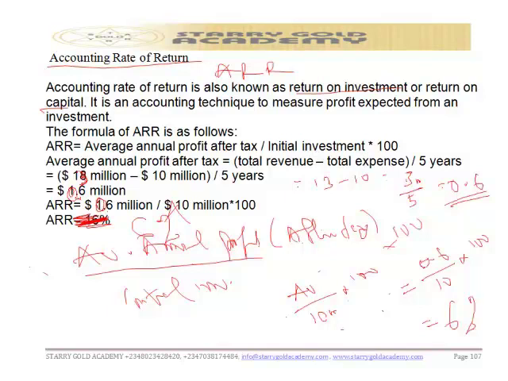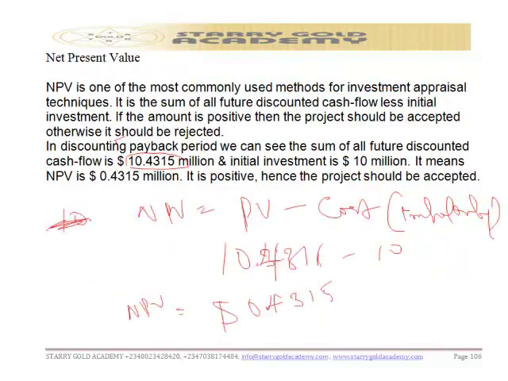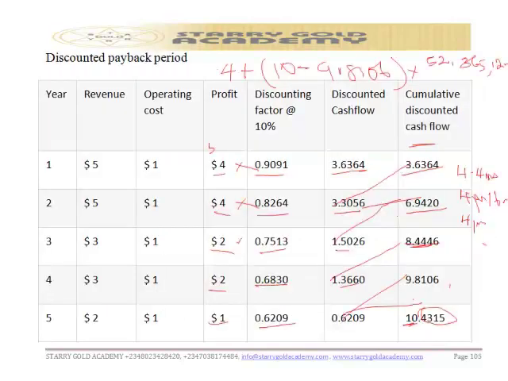As you can see, our profit for the period, for the first year is 4, second year is 4, third year is 2, fourth year is 2, last one is 1, making 13 million.